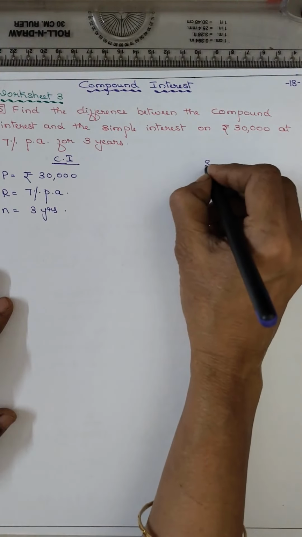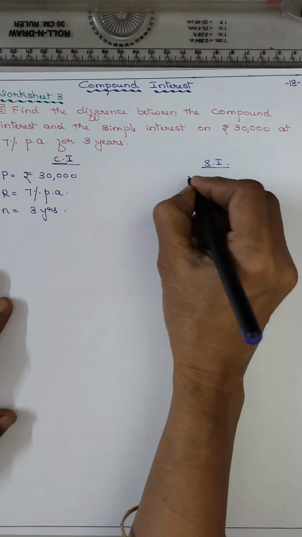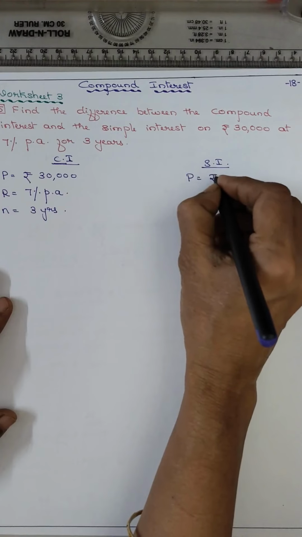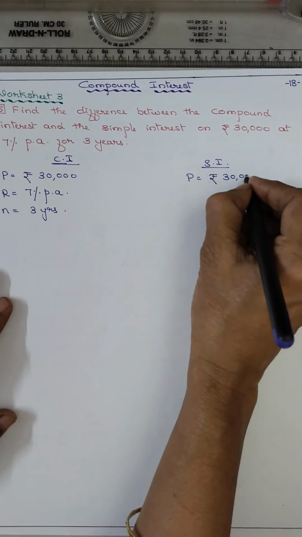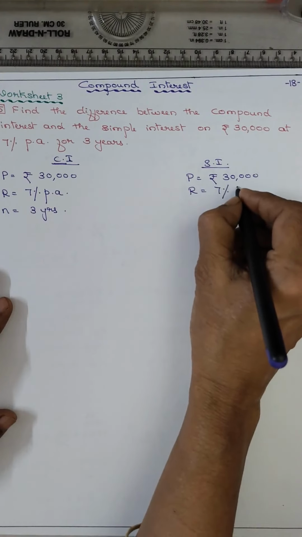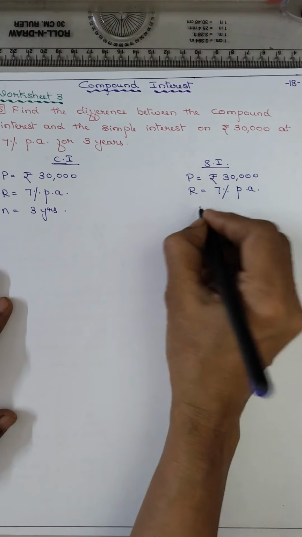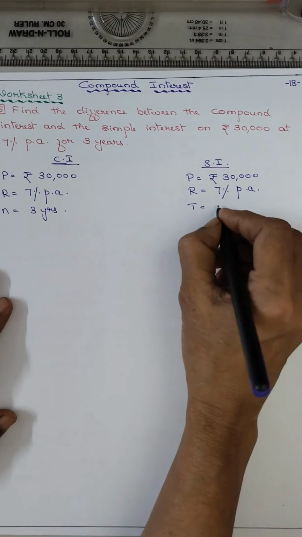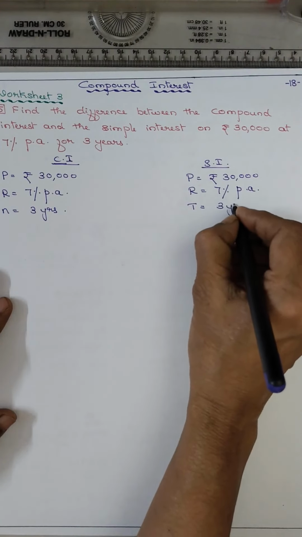And for SI, again P is equal to rupees 30,000, R is equal to 7% per annum, and now it is T is equal to 3 years.